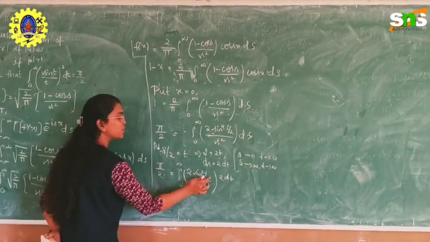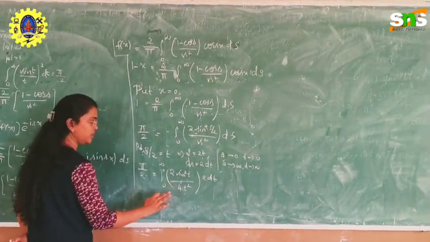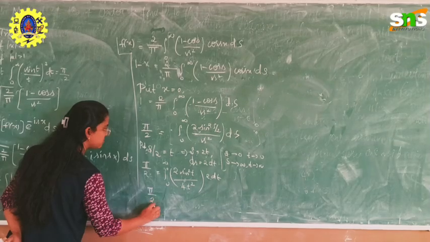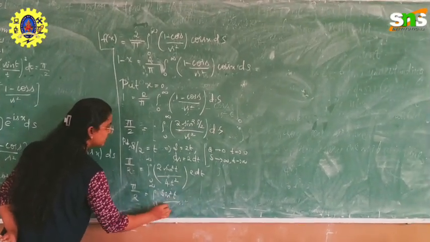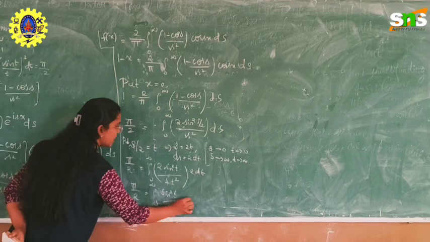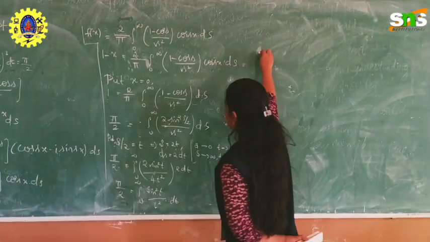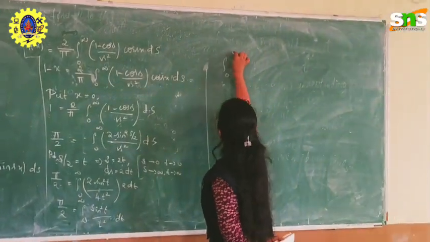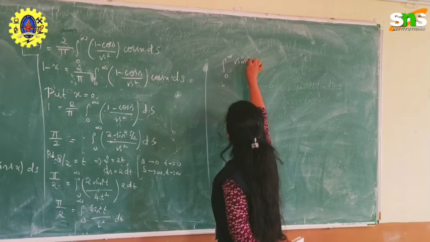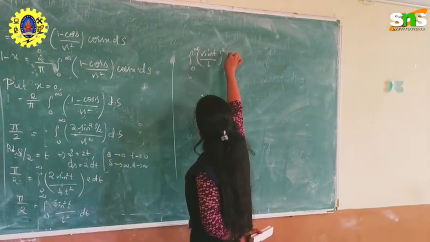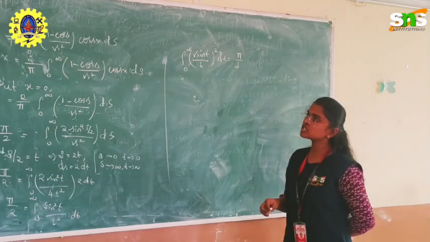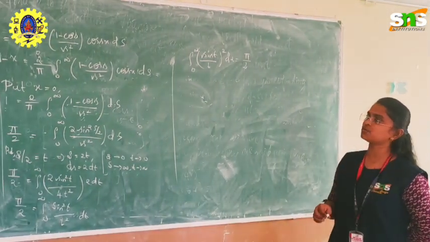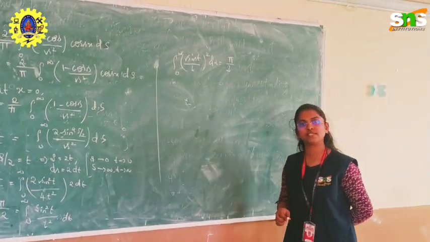And just cancel: 2 into 2 is 4, 4 divided by 4 will be cancelled. So what is the remaining term? Pi divided by 2 is the integral 0 to infinity sin square t divided by t square into dt. So I can write integral 0 to infinity (sin t divided by t) the whole square into dt is equal to pi divided by 2. So this is the reduction using the Fourier transform of the function 1 minus modulus of x. Thank you.